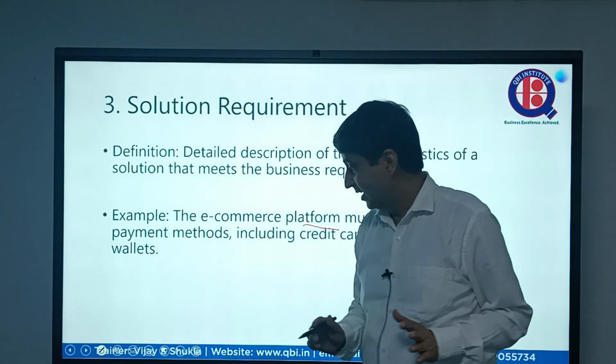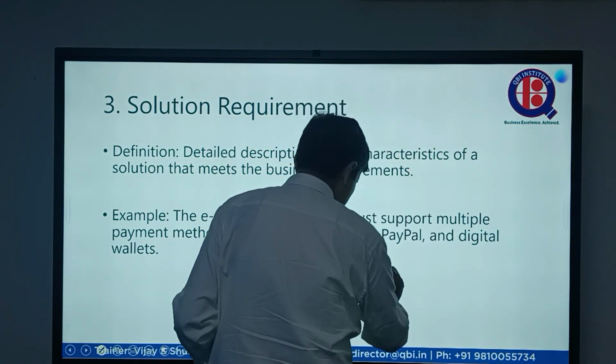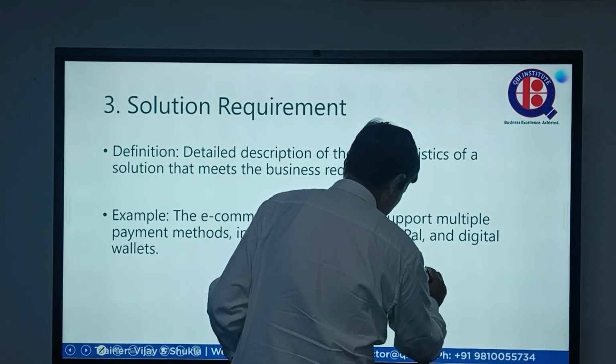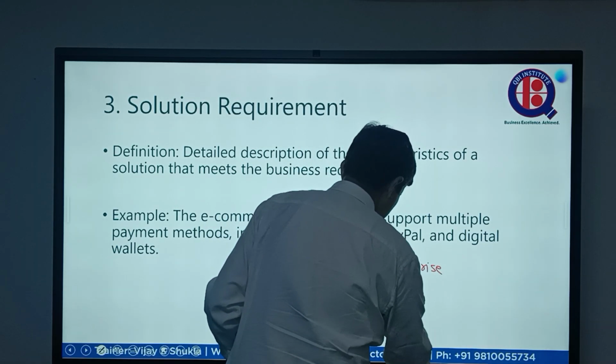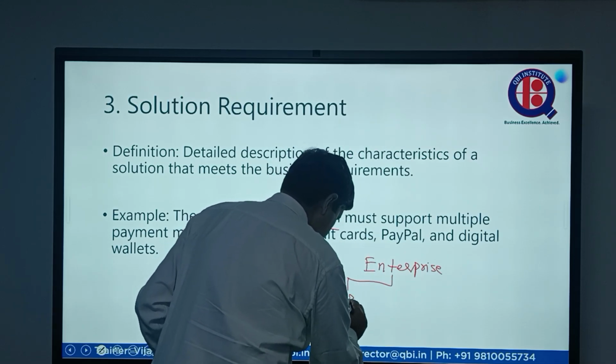So far, so good. We started with enterprise requirements, then multiple business requirements.